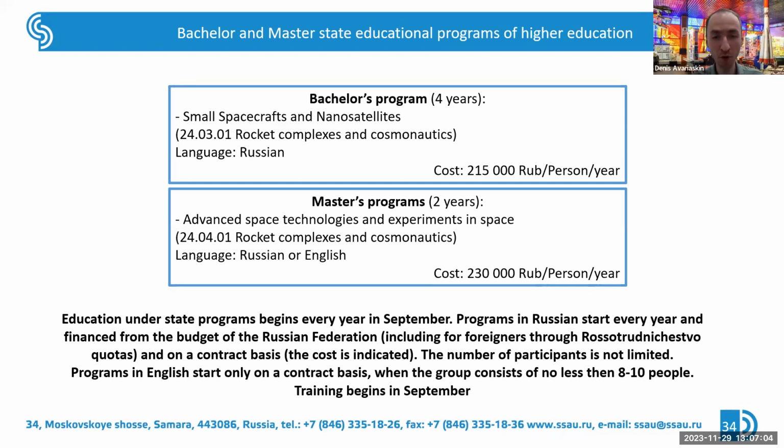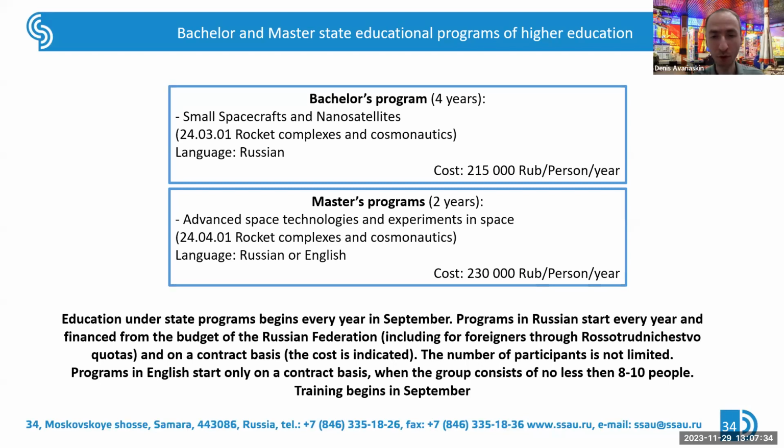The bachelor program is 4 years, but it's only in the Russian language, and it's called Small Spacecrafts and Nanosatellites. We also have a master program for 2 years, called Advanced Space Technologies and Experiments in Space. It can be in Russian or in English.